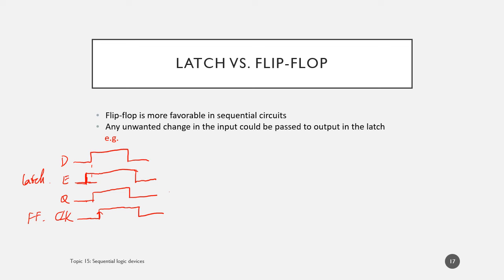Let's just assume a rising edge one. So Q will change here. After that it does not follow, it just keeps its value if there's no other rising edge coming. So this one will pass to the output.